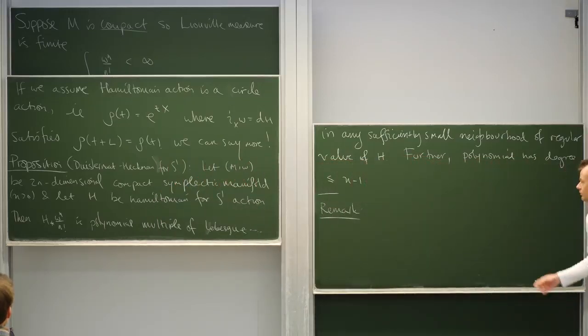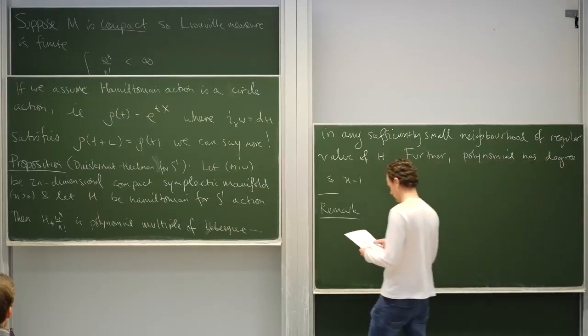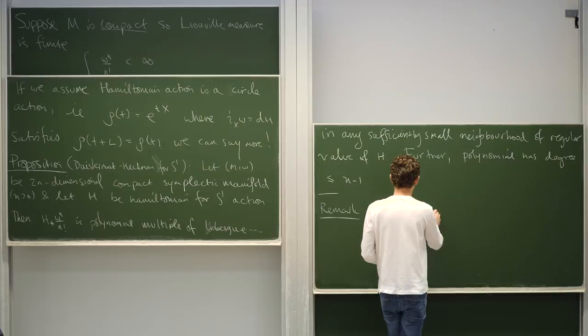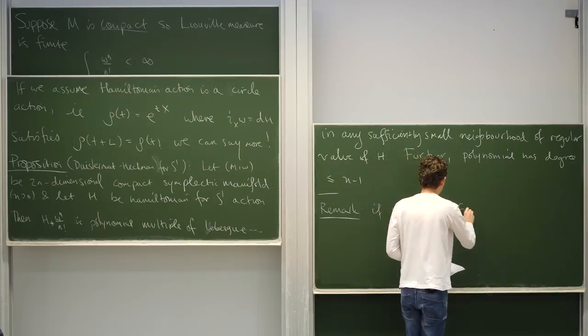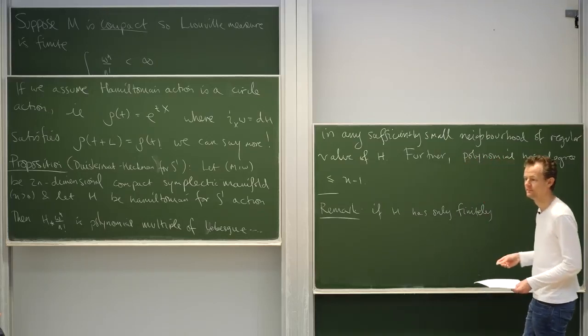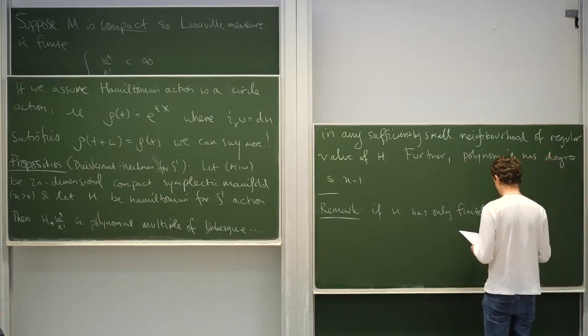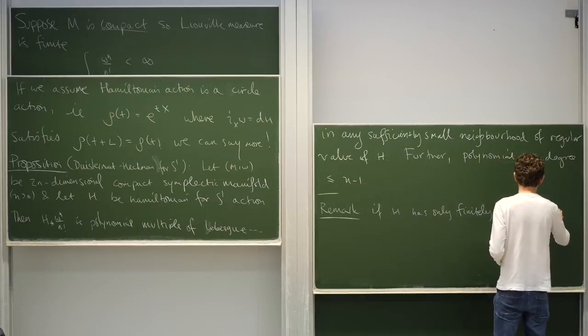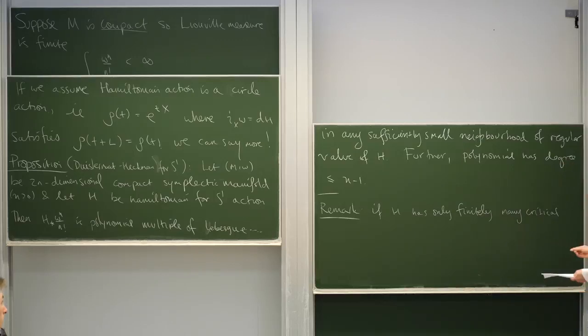And let's just make a really simple observation. The only place where H is irregular is on its critical points, and it's not unreasonable to assume that H has only a finite number of critical points.